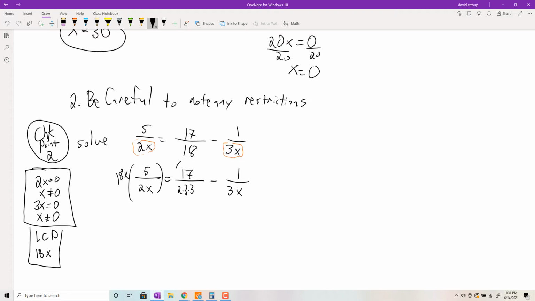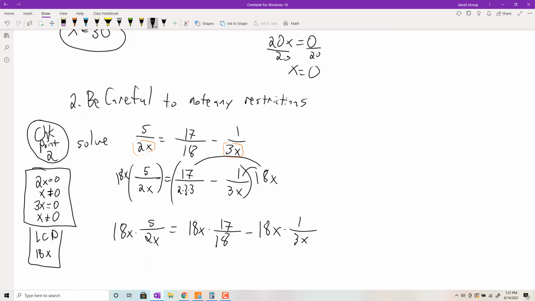It's from our previous work. Okay, I'm going to multiply both sides by this LCD. So on the left, I have 18x times 5 over 2x. On the right here, I'll have 18x times 17 all over 18 minus 18x times 1 all over 3x.